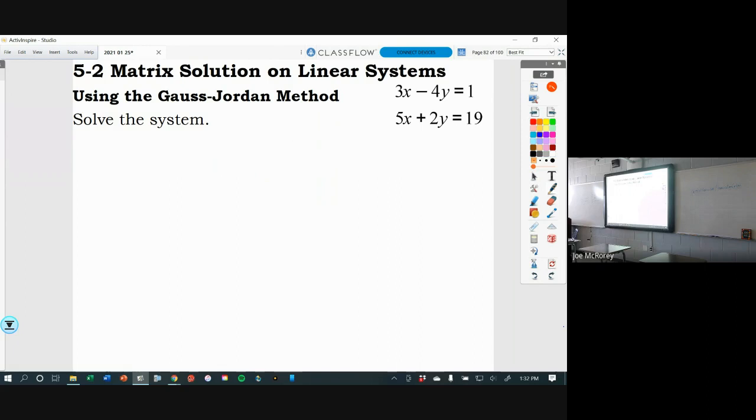Y's lined up? Equal sign lined up? Constants all lined up? Are we good to go to write it in the matrix? Yeah. That matrix is 3, -4, 1, 5, 2, 19.